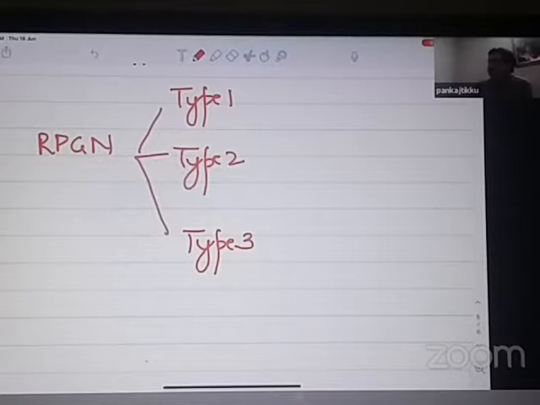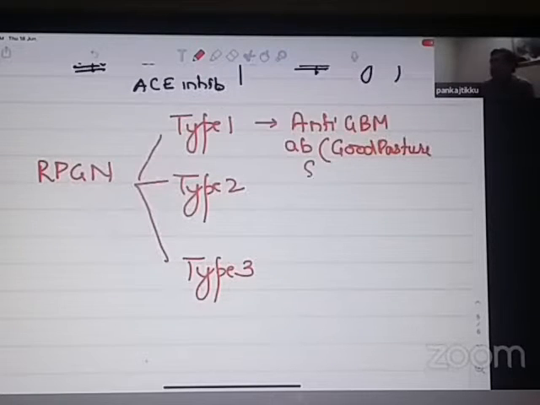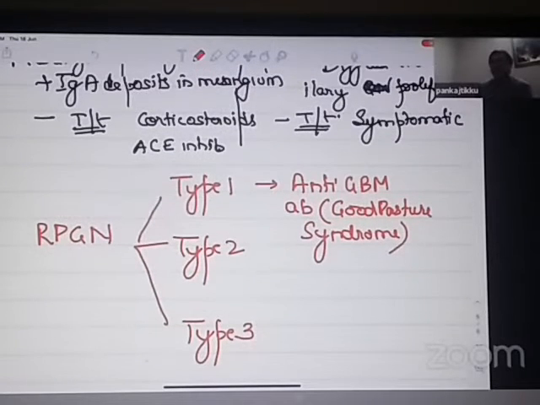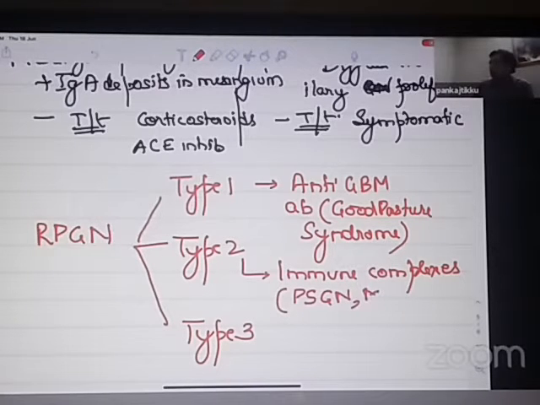Type 1 RPGN usually follows anti-glomerular basement membrane antibodies, as occurs in the case of Goodpasture syndrome. Type 2 RPGN usually occurs secondary to immune complexes, as occurs in the case of post-streptococcal glomerulonephritis or membranoproliferative glomerulonephritis.